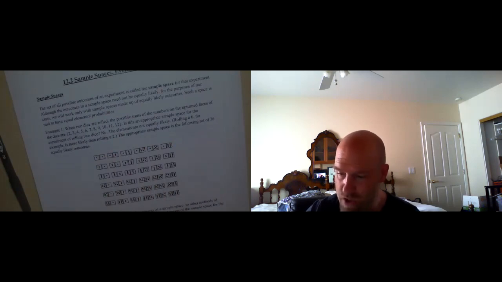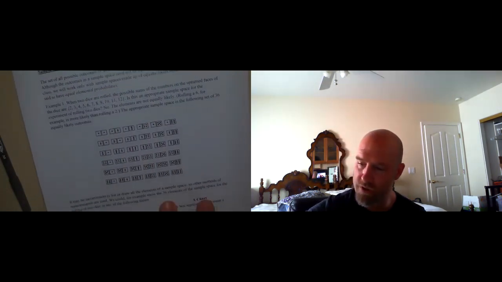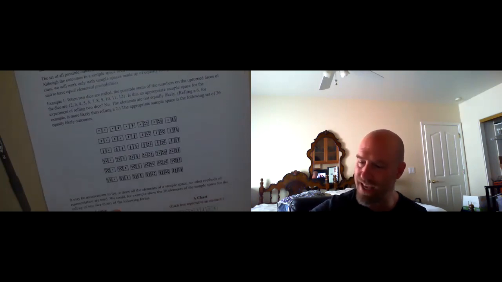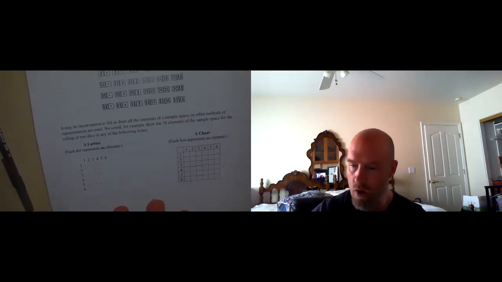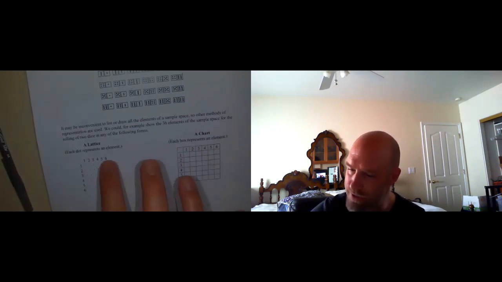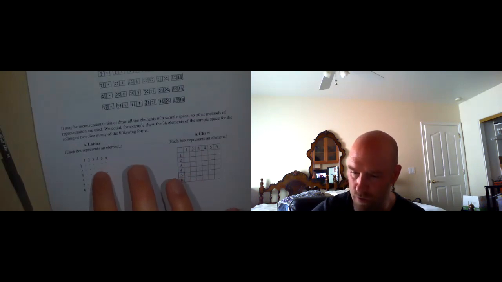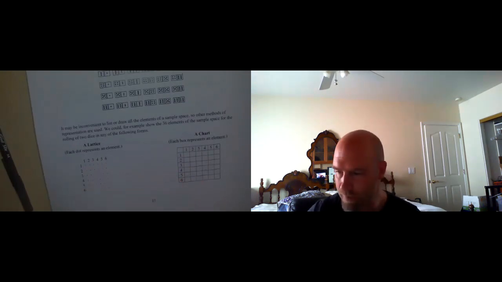It may be inconvenient to draw all the elements of a sample space, so other methods of representation are used. We could, for example, show the 36 elements of a sample space for rolling of two dice in any of the following forms. This is what they're going to call a lattice down here, where each dot represents an element. Notice that there is one dot for 2, one dot for 12, but 6 and 1, 5 and 2, 3 and 4, 4 and 3, 2 and 5, and 1 and 6 all add up to 7.